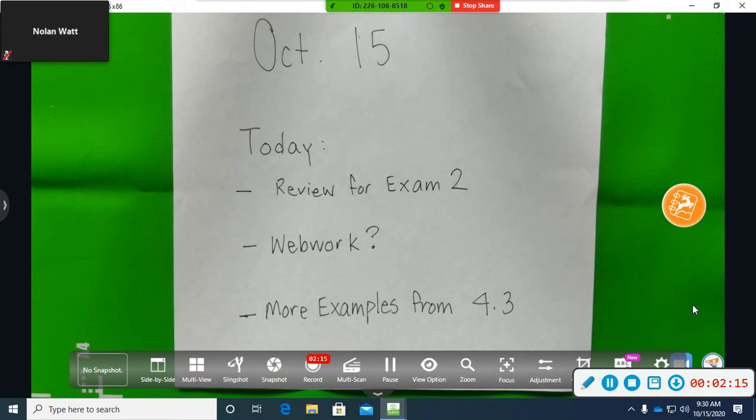Yes, sir? It's finding absolute extrema for a function on an interval. Okay. It's f(x) equals sin x minus cos x on 0 to pi. Do you know which number this is? 4, I think.